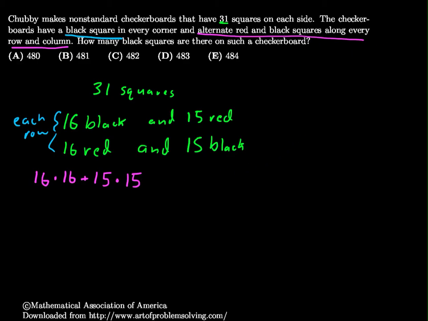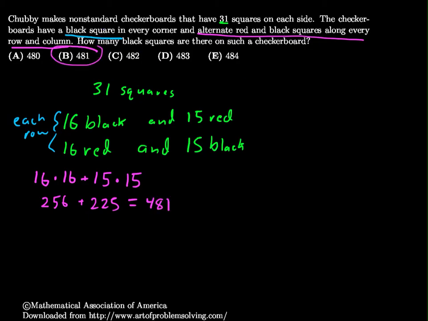And this is really nice because we should know our perfect squares. 16 times 16 is 256. 15 times 15 is 225. And 256 plus 225, if my math is correct, should give me 481. And my answer is B.